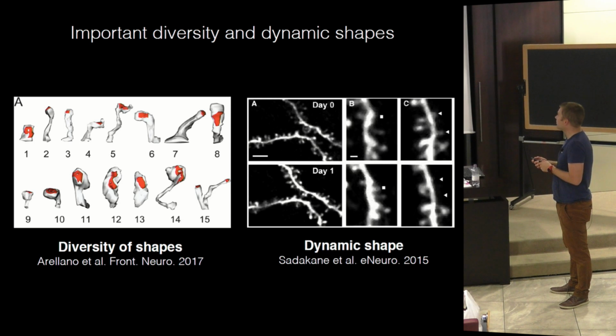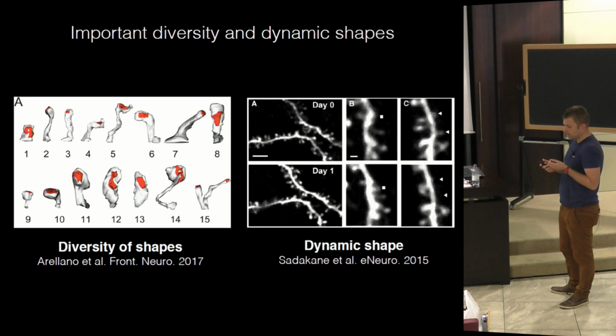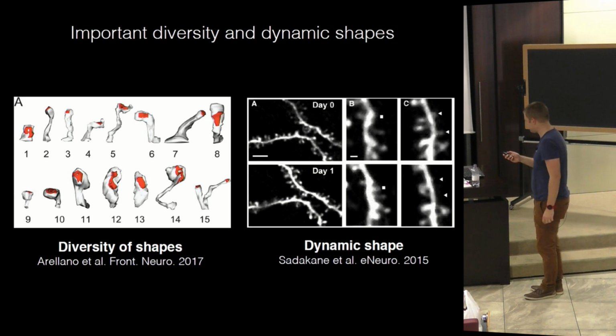Also, I don't show it here, but in some neurological diseases, such as Fragile X syndrome, you can have a dramatic change in the shapes of these dendritic spines, which can appear much longer.